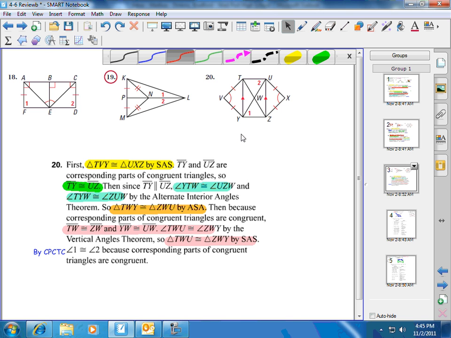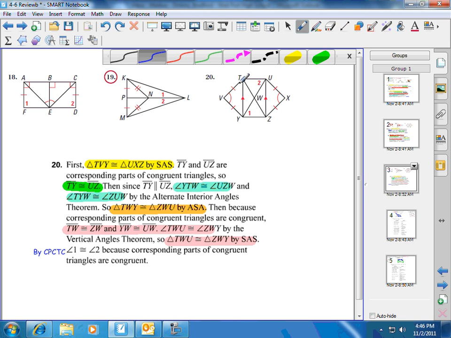So now I'm going to note that these two angles, Y corresponds with U. Let's write it this way.